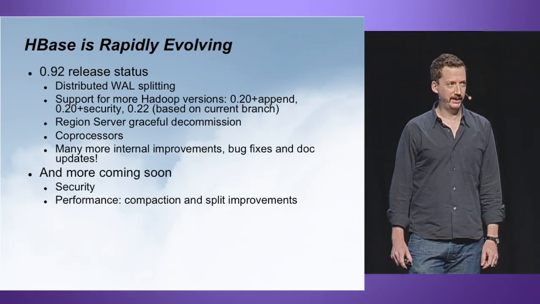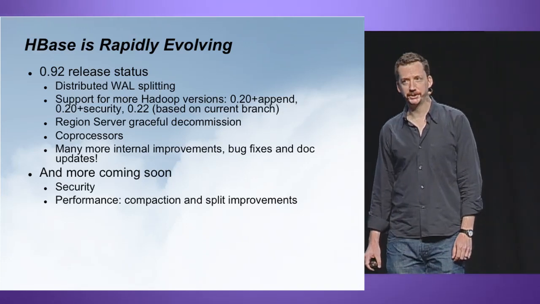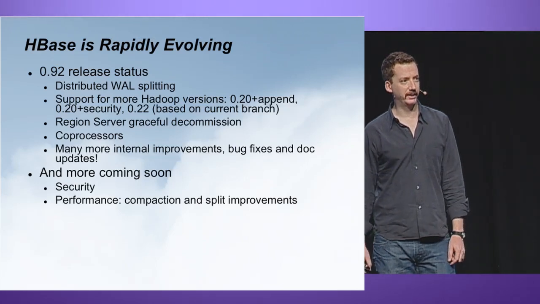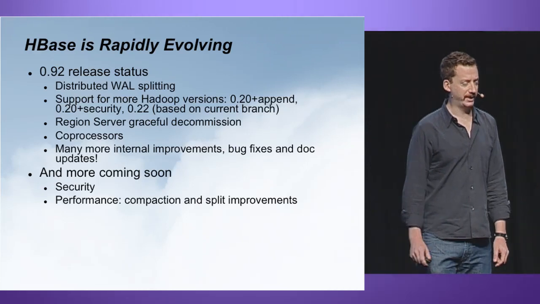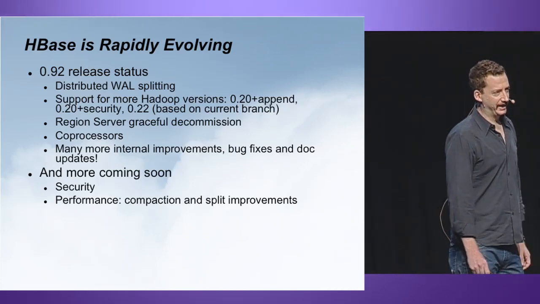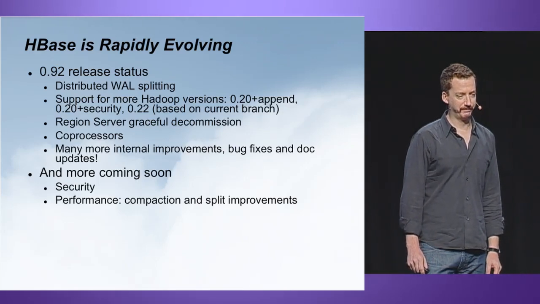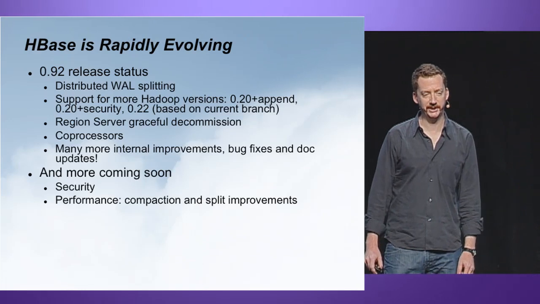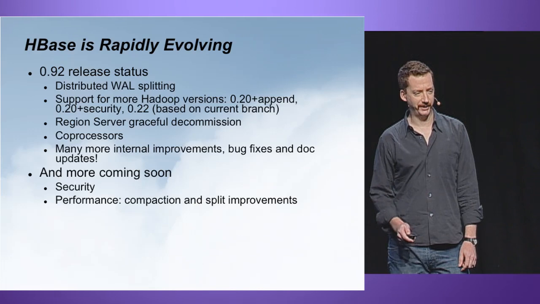And that will contain a number of features: distributed write-ahead log splitting, support for running on top of more versions of Hadoop, a tool for decommissioning region servers, the coprocessor framework that we'll talk more about in just a minute, and many more, of course, bug fixes, documentation improvements, all that good stuff. Following the .92 release, we'll be working to incorporate security, and there's a whole lot more coming in the pipeline for performance, as well as a new internal file format for HBase and other fun stuff.